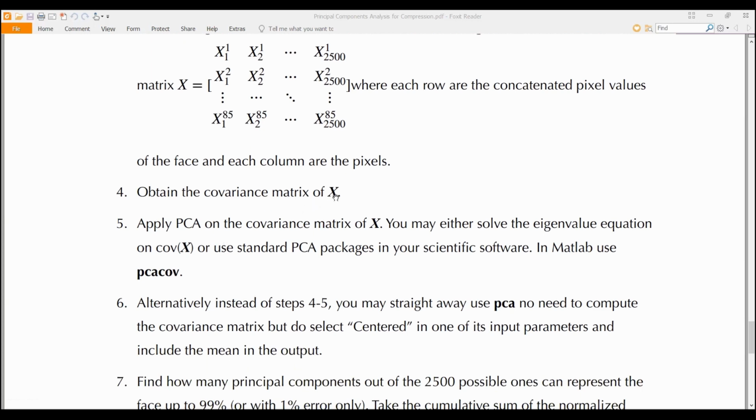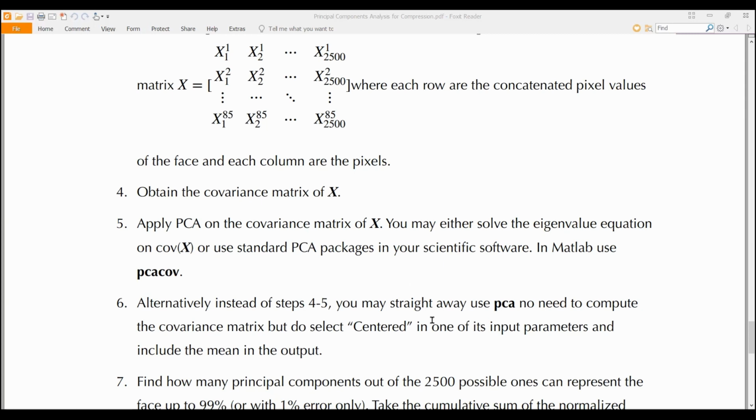Instead of getting the covariance matrix of X, you can go straight away and use PCA of X in MATLAB. So no need to compute the covariance matrix, but do select the centered parameter. If you look at the help dun sa syntax ng function ng PCA, there is a parameter that you can set. Centered is set to true. So, ibig sabihin, siya na yun magmi-mean center ng data.